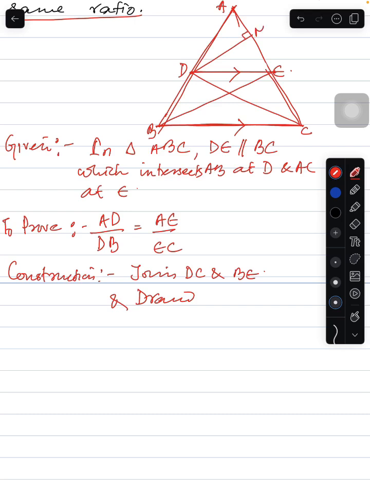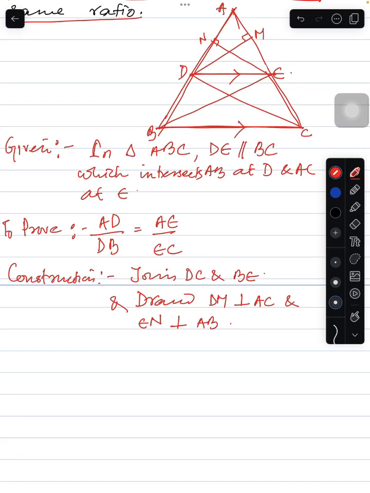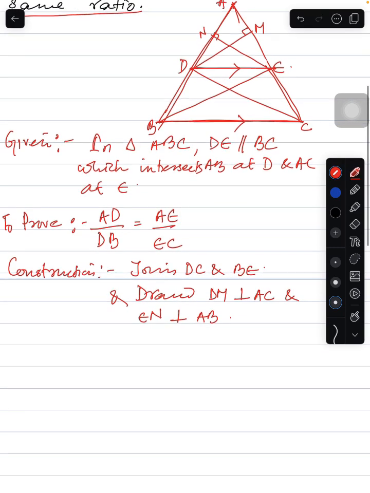Suppose we name this as M and this as N. Draw DM perpendicular to AC and EN perpendicular to AB. This is what you will have to draw. So this is a construction you will have to do on your own. This won't be given in the question or in the statement of the theorem.